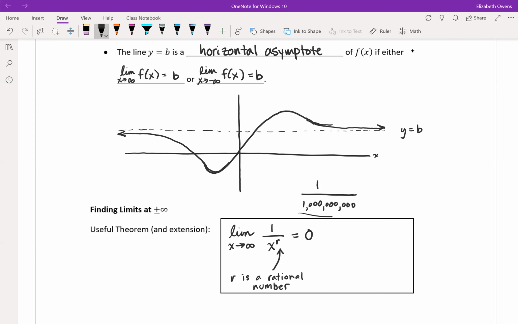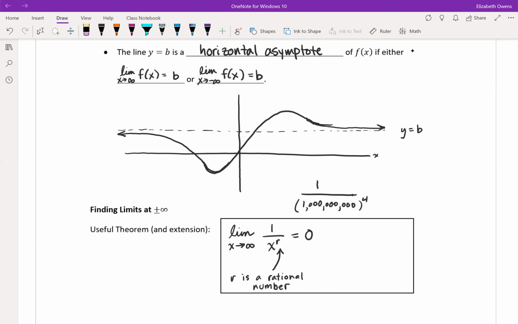And that's just with 1 billion to the first power. Imagine if that was some other rational number. Whole numbers count as rational numbers, so what if I said that was to the fourth? That would be even tinier because the denominator is getting so huge. 1 over a huge value is going to give you something very, very small. Huge denominator equals tiny, tiny value.